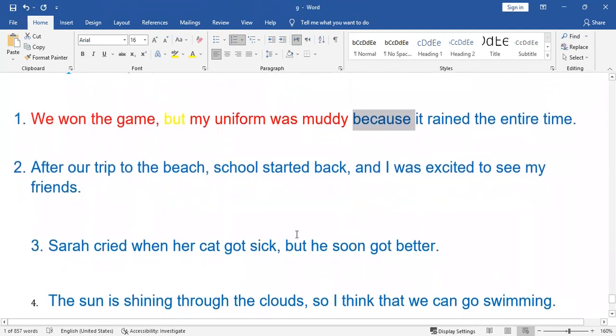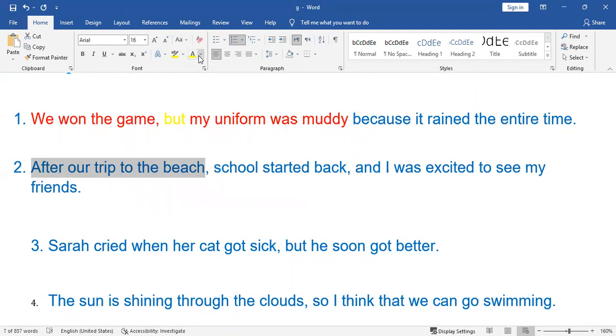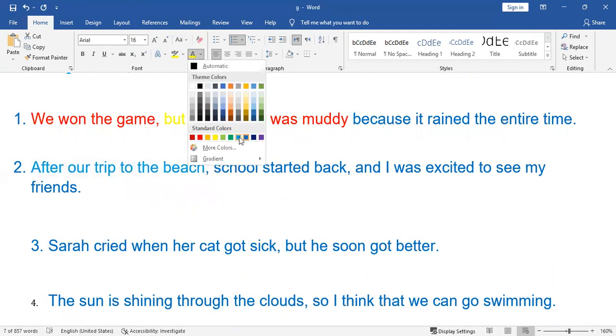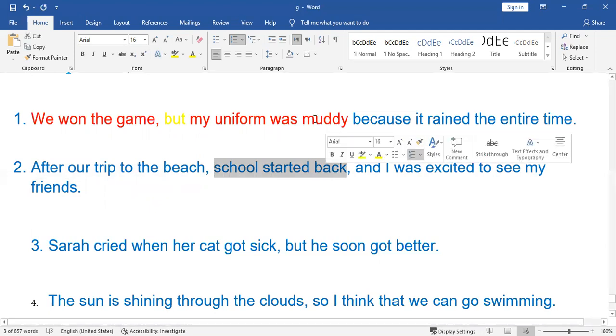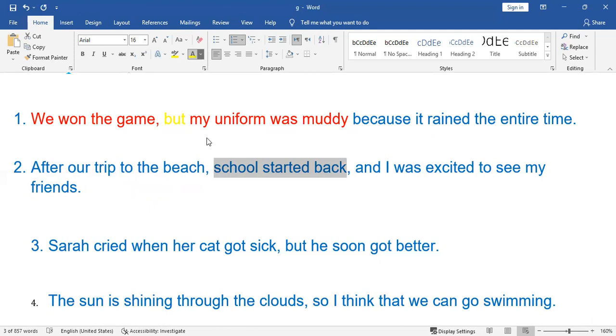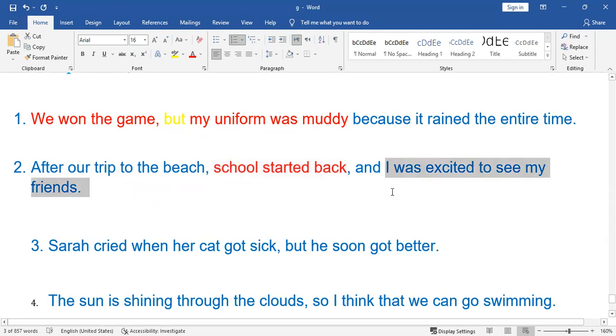After our trip to the beach, okay, this is a dependent clause. School started back. This is an independent clause. And I was excited to see my friends is another independent clause.